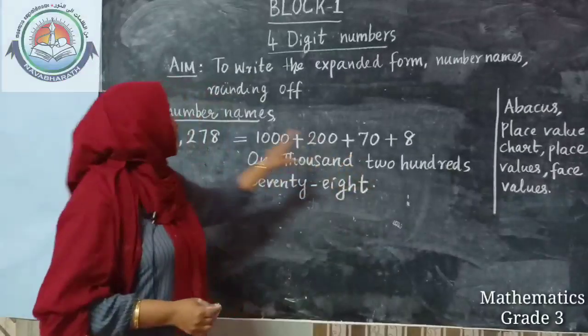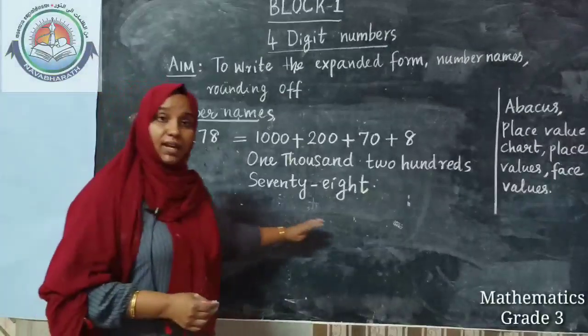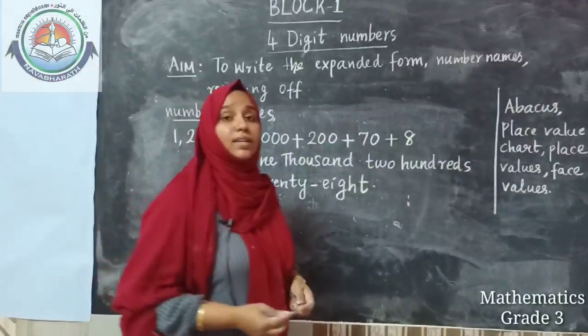1278 is the number name of this number. Next, I will write here a number name. Can you write that number?